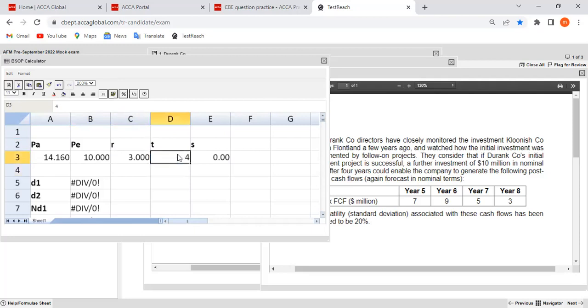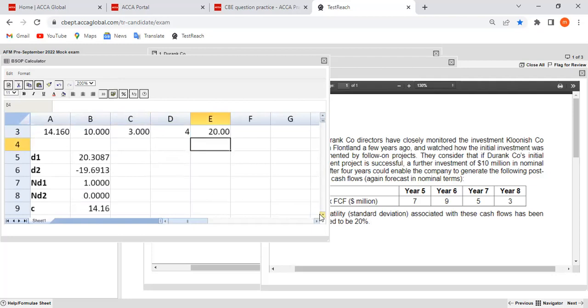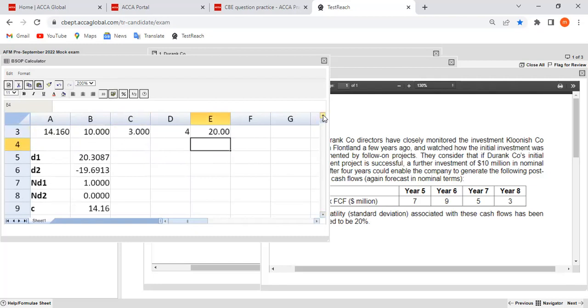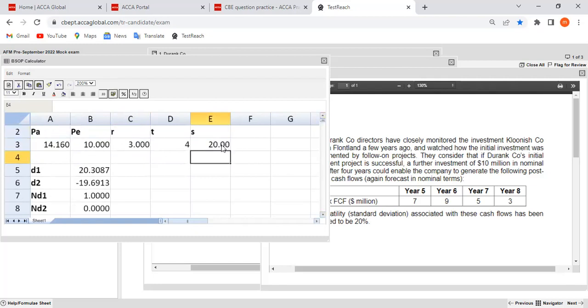What is the standard deviation? 20. Can anybody tell me where we made a mistake? The standard deviation is 0.20.